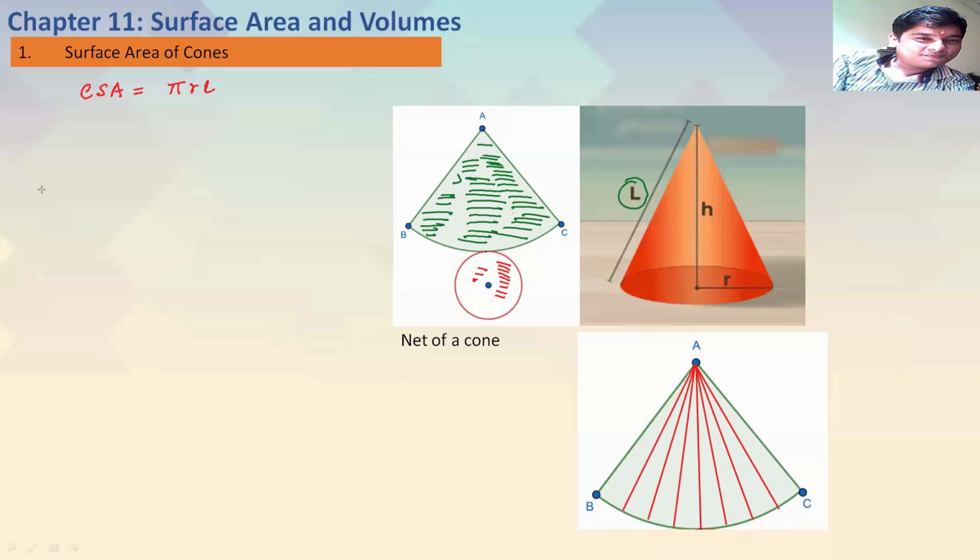Do you notice, Raghav, that the arc BC was very curved like this, right? But if you notice this part of the arc, it's straight. It's much straighter, right?